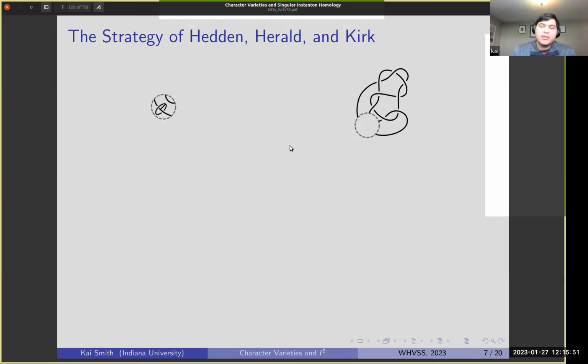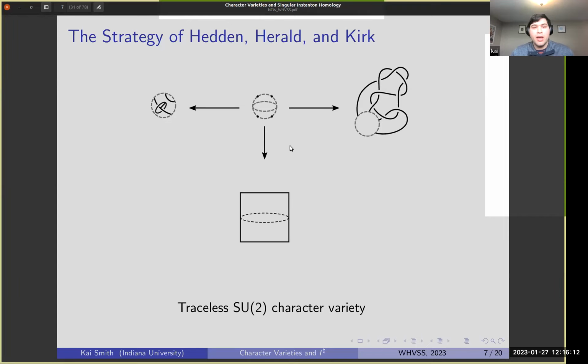Using that, we can decompose our knot into 2 tangles. It's helpful to note that the boundary of both of these tangles is a 4-punctured 2-sphere. Now we can take the traceless SU(2) character variety of each of these 3 spaces. We just did the 4-punctured sphere as an example, so we know that this gives us the pillowcase.